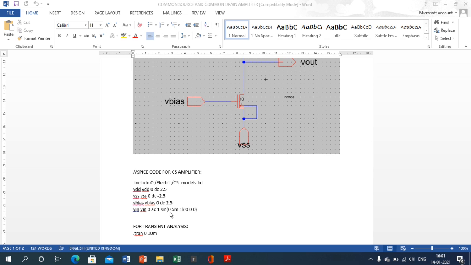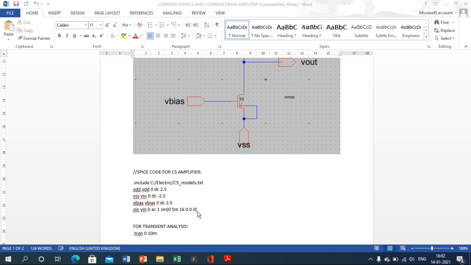Here 0 indicates the start of the voltage. 5 millivolts is the maximum peak voltage, meaning we are choosing Vin with a voltage of 5 millivolts. 1K is the frequency of this sinusoidal waveform. The first 0 indicates propagation delay, the next 0 indicates the phase shift, and the last 0 indicates the offset voltage.